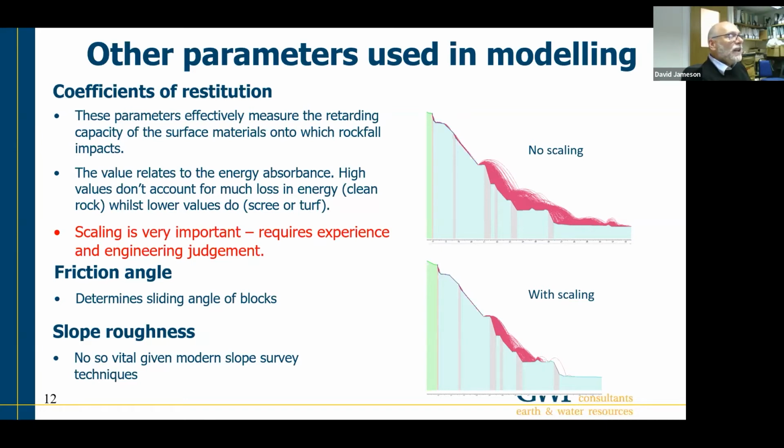One of the things that you have to be aware of when you do some modeling is that scaling of those restitution factors is very important.